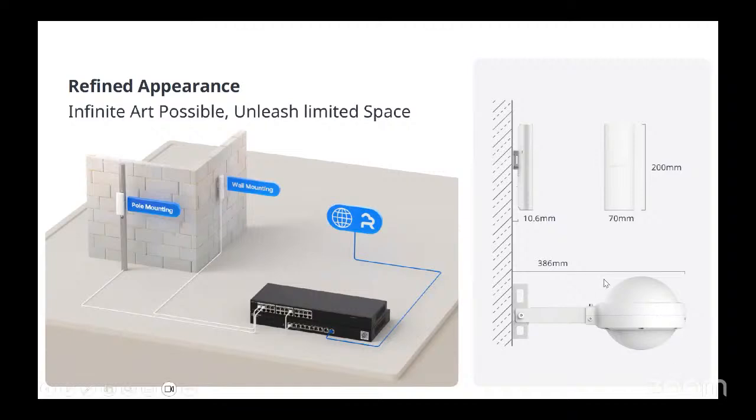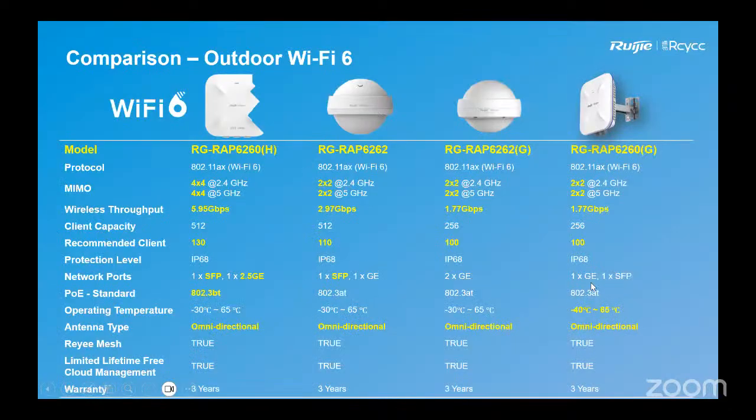We have a device that the users really prefer a lot. This is called the ball. It's a round shape. Actually, it depends on how it's configured, but it also has good throughput features. It could be installed inside or in a pool, so it is water resistant.